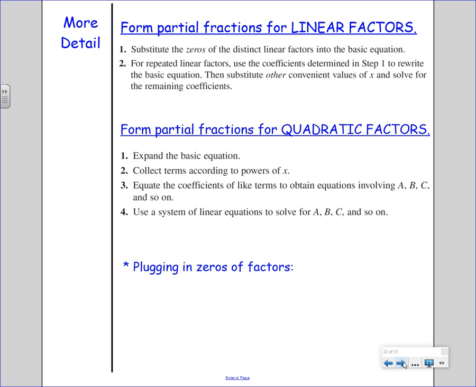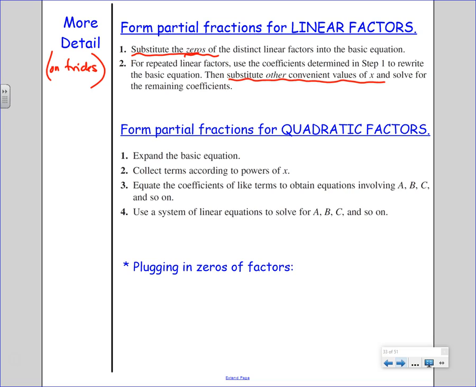You don't have to write this unless you want to. You can see what this says: more detail, basically, on the tricks. For linear factors, can we try to plug in the zeros? Yeah. And if we run out of zeros, can we plug in other stuff too? Yes. That's why it says you can also substitute other convenient values of x. Other easy ones.